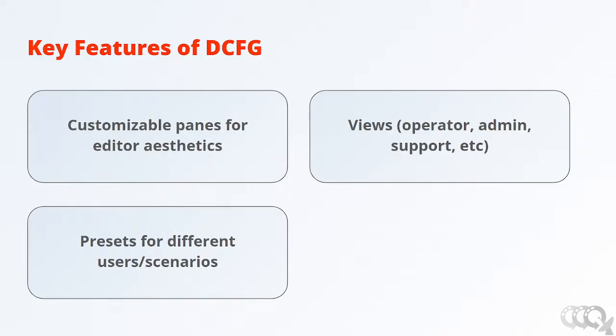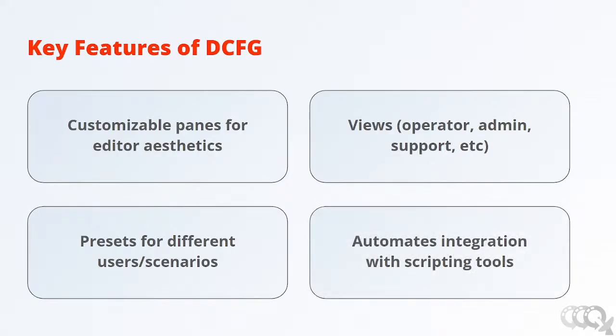And then, of course, the fourth key feature I want to highlight is that we are shipping DCFG with the scripting tools that automate the integration of all of that functionality into modules, pretty much the same way that you know that from DQMH, the way that you use the DQMH framework to build your application.